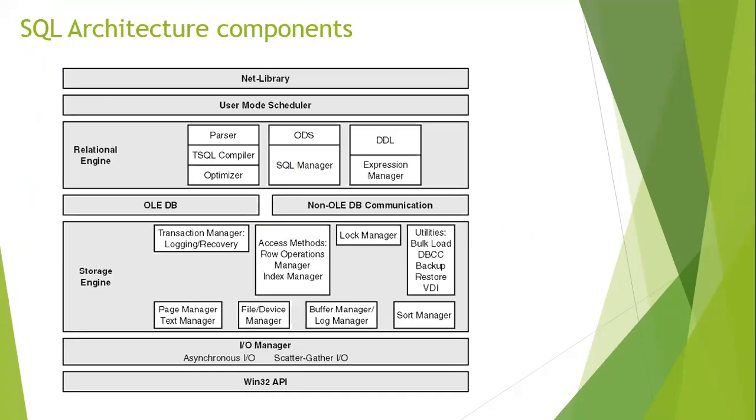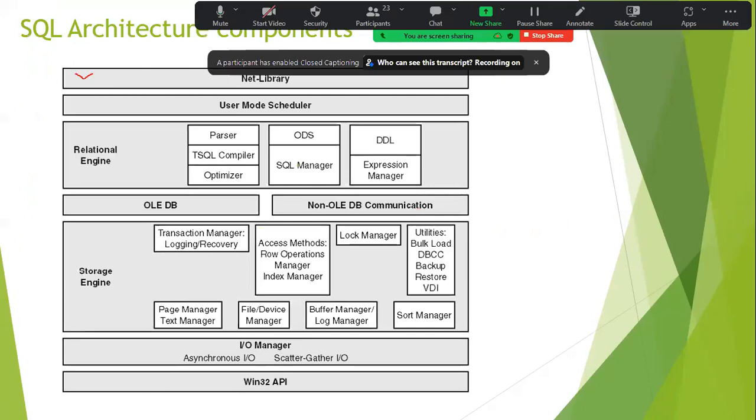Okay. Let's understand what components are involved in the SQL Server architecture. These are the main components that we have. One is the network libraries, and UMS, which we also call the SQL operating system. You might see that as SOS. It is the SQL operating system, and then there is the relational engine.